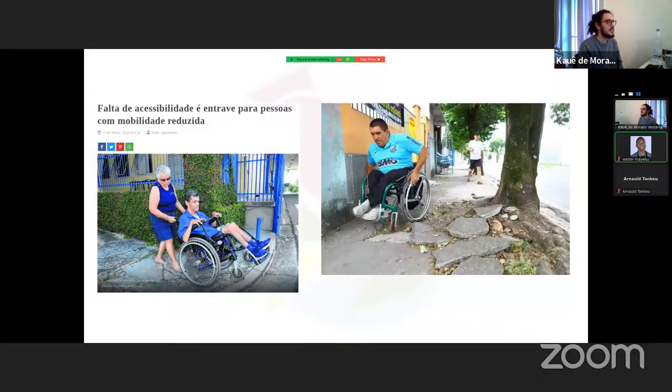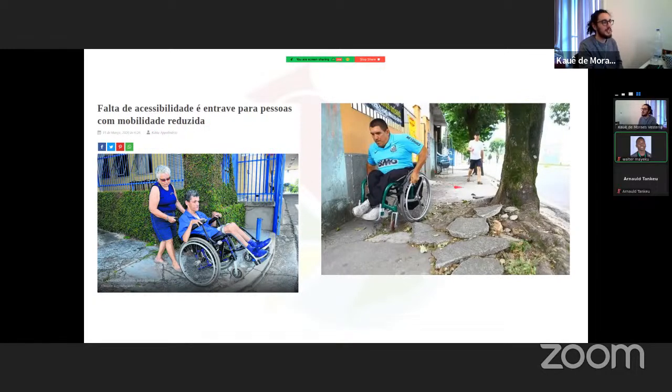This is the case that happens a lot in Brazil. I'm living in Italy for 6 months, but in my country, sidewalks are generally terrible. They are horrible. We have a lack of accessibility. It's a pain for people with reduced mobility.